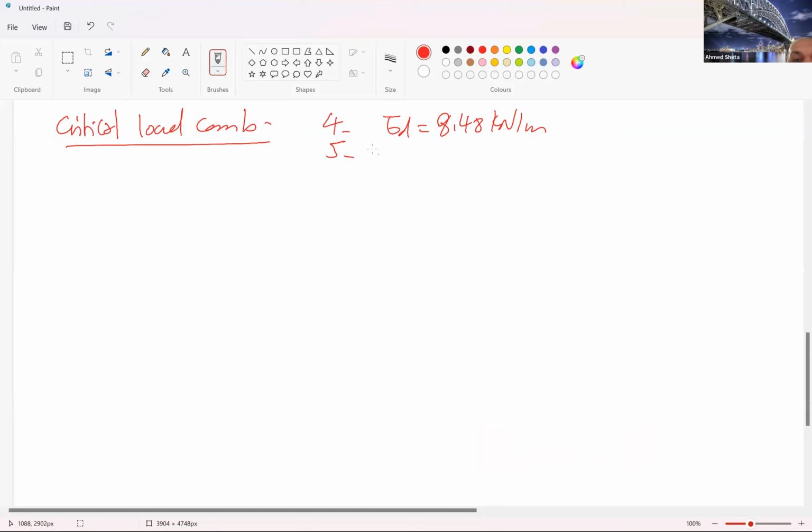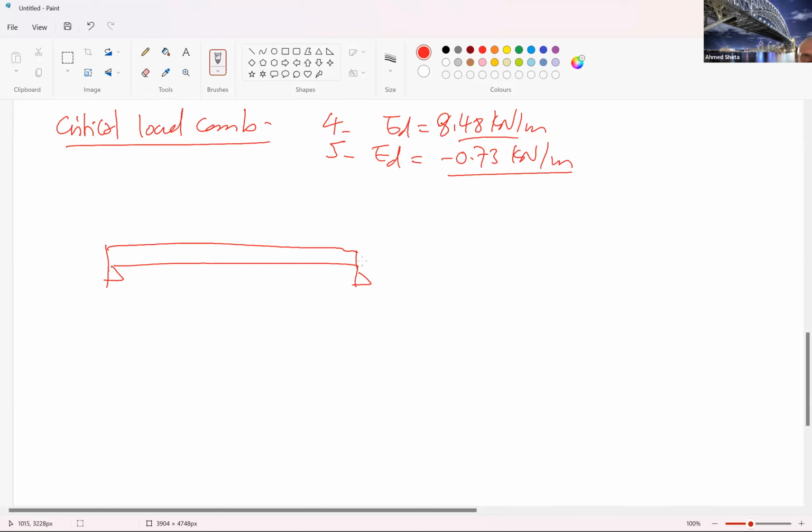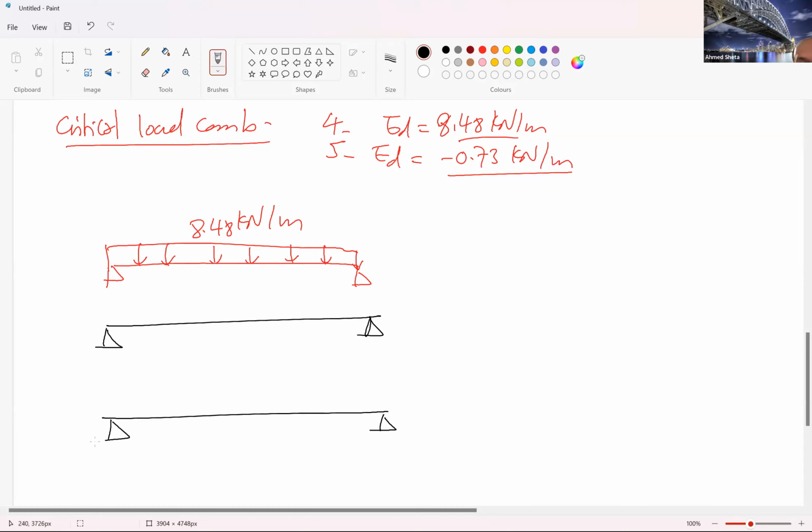Number 5, ED equal to negative 0.73 kilonewton per meter. So what you need to do is, for example, this is the positive value. The load is downward, 8.48 kilonewton per meter. If the requirement asks to draw the bending moment and shear force diagram, can anyone help me to draw it?